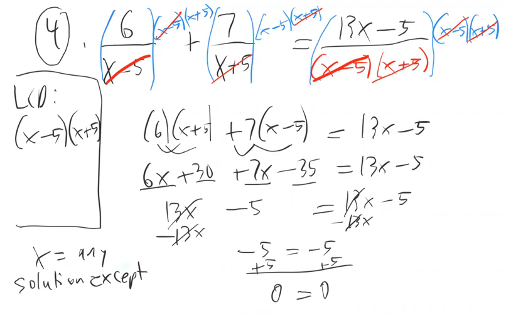Hold on, instead of the word except, let me say it. Any solution but x cannot equal +5, because if x equals +5, then in the first fraction of the original problem, you would have had 5 minus 5 in the denominator, which would be 0 in the denominator, and you're not allowed to have 0 in the denominator.